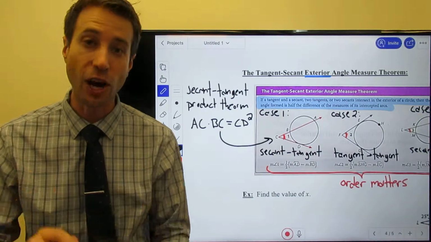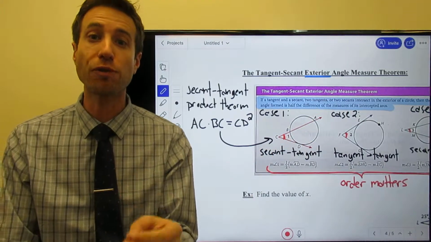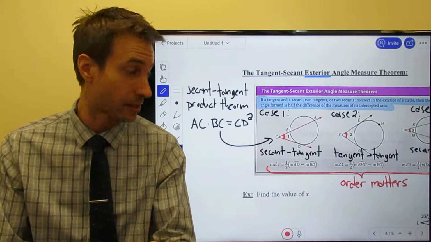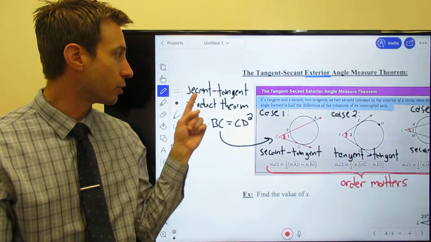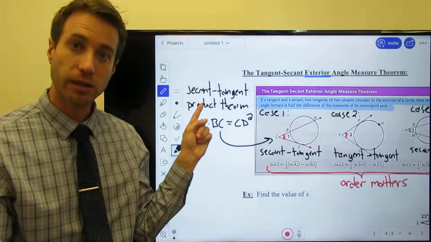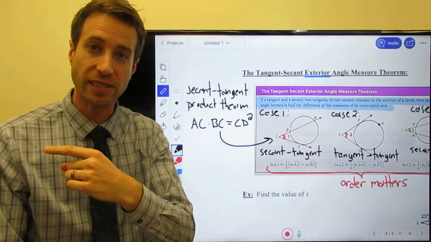So if you're given this diagram and asked to find a missing segment, where you don't know the length of one of these segments, then you'll use the secant tangent product theorem from the previous section.